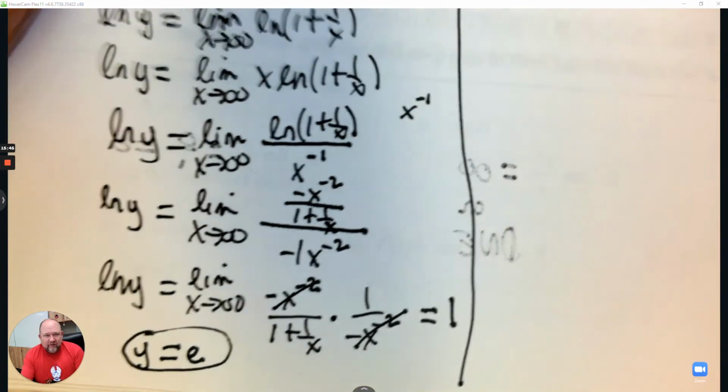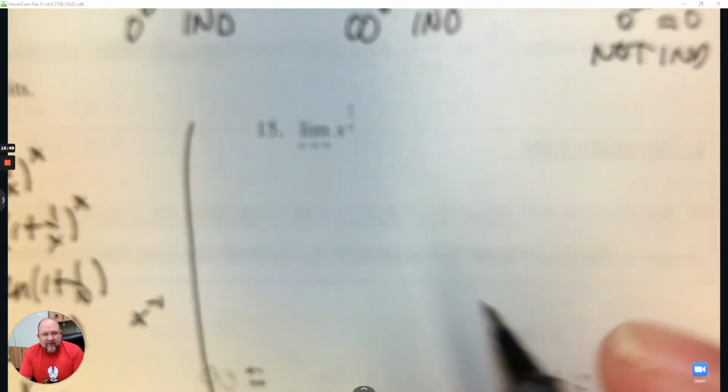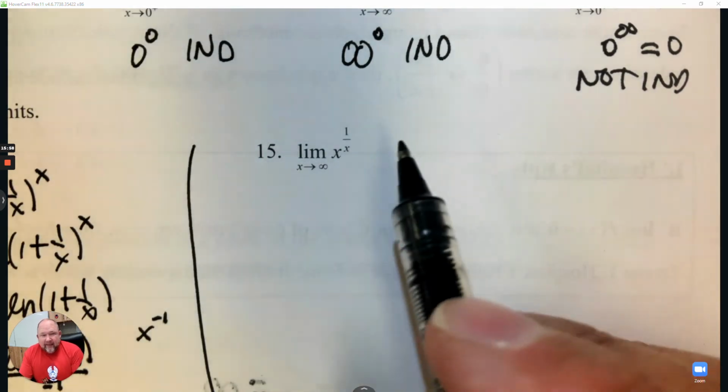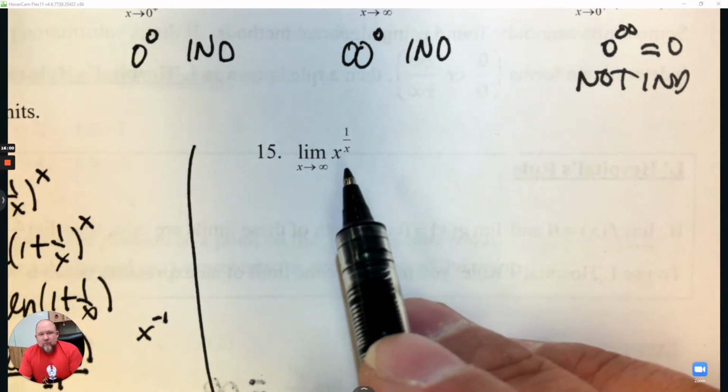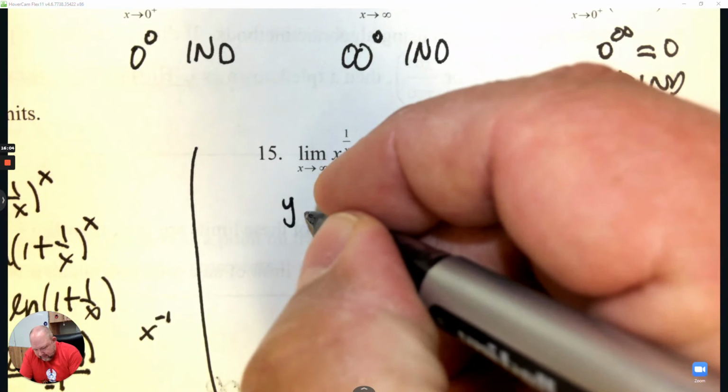I know it's a little algebra heavy today, so we're going to have to work hard to get our algebra skills up to calculus. Here we go. So, again, this is indeterminate, but we have a variable in the exponent. So we're going to approach it the same way when we have a variable in the exponent.